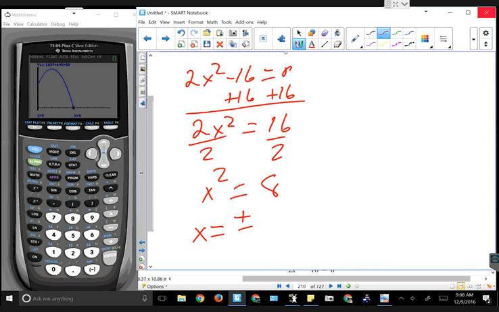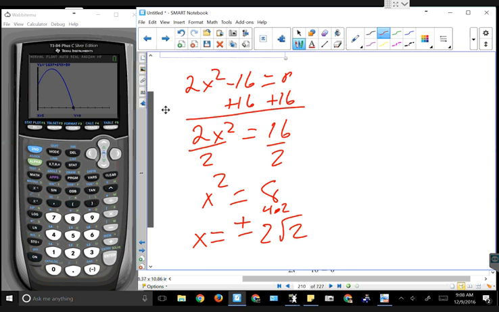So, we know that 8 breaks up into 4 times 2, correct? What's the square root of 4? So this will be plus or minus 2 square root 2. That's all it is. Why? Square root of 4 goes to 2. Can't do anything with 2, so it stays in the square root, plus and minus.